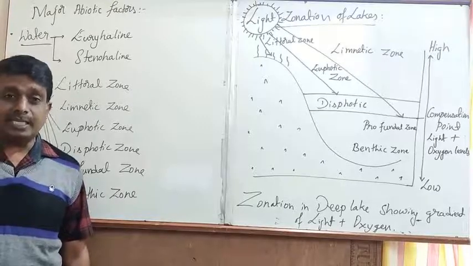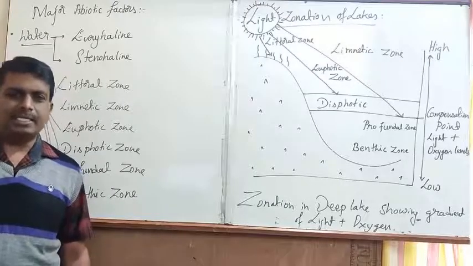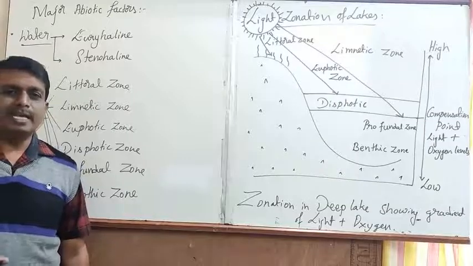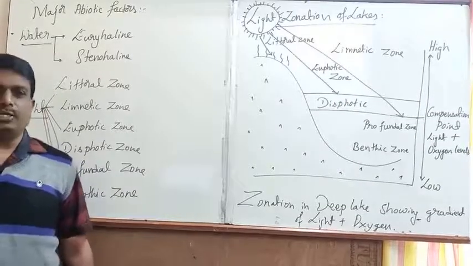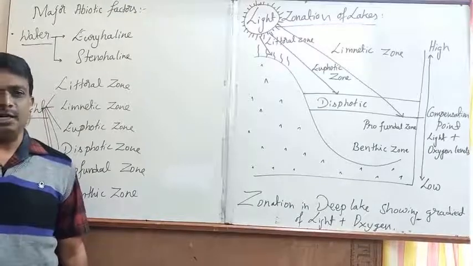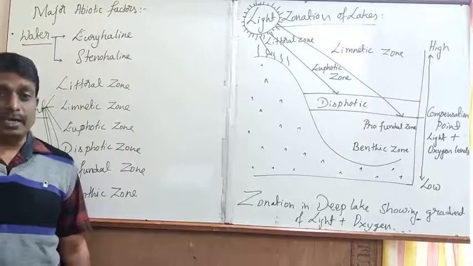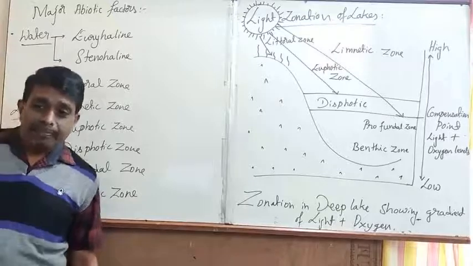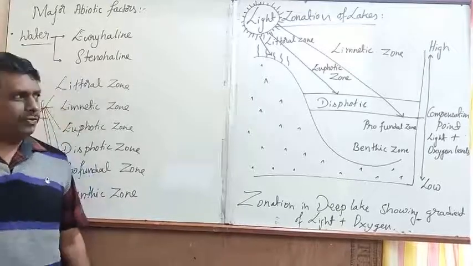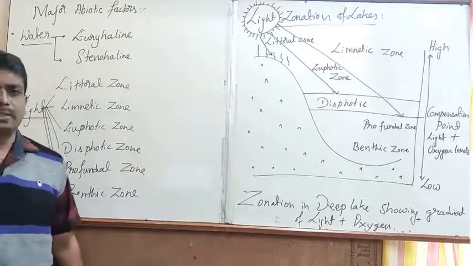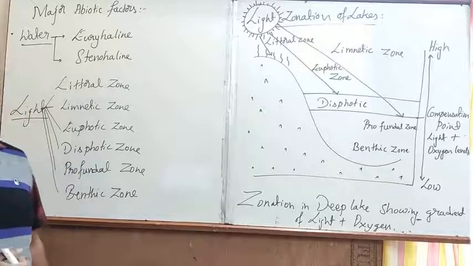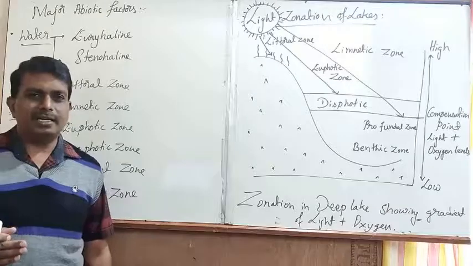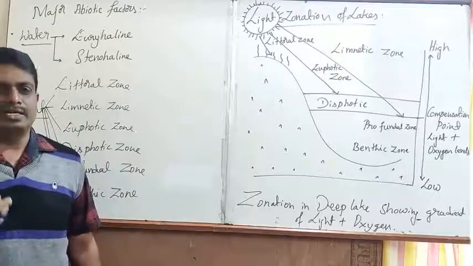In seas, the salt concentration ranges from 30 to 35 parts per thousand. Whereas in hypersaline lagoons, the salt concentration exceeds more than 100. This is with reference to salinity.